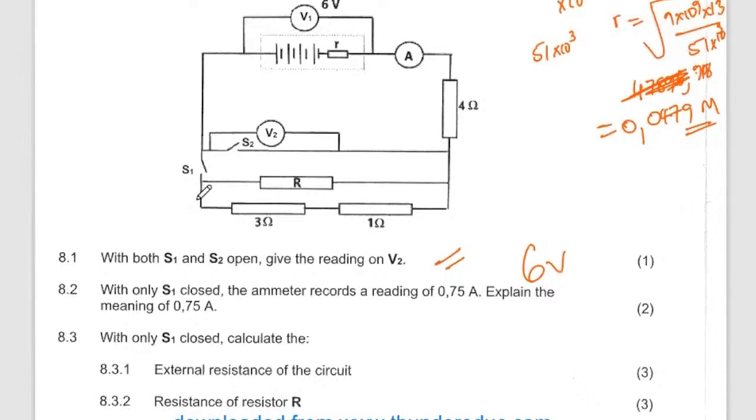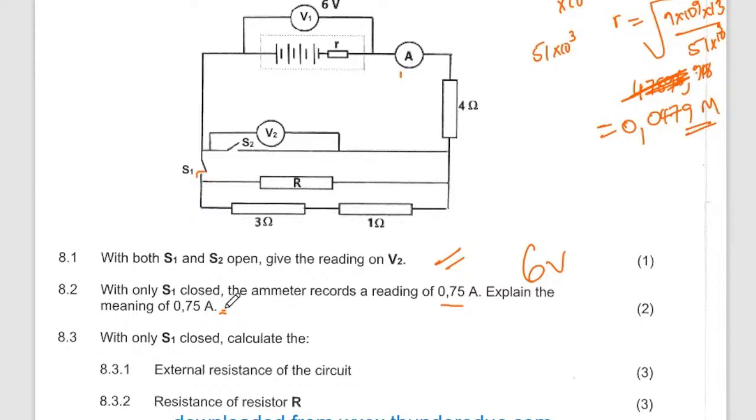Then with S1 closed, it means the current is now taking this route, passing through R and then this. They're telling us that the reading recorded is 0.75 for the ammeter. Explain the meaning of this.